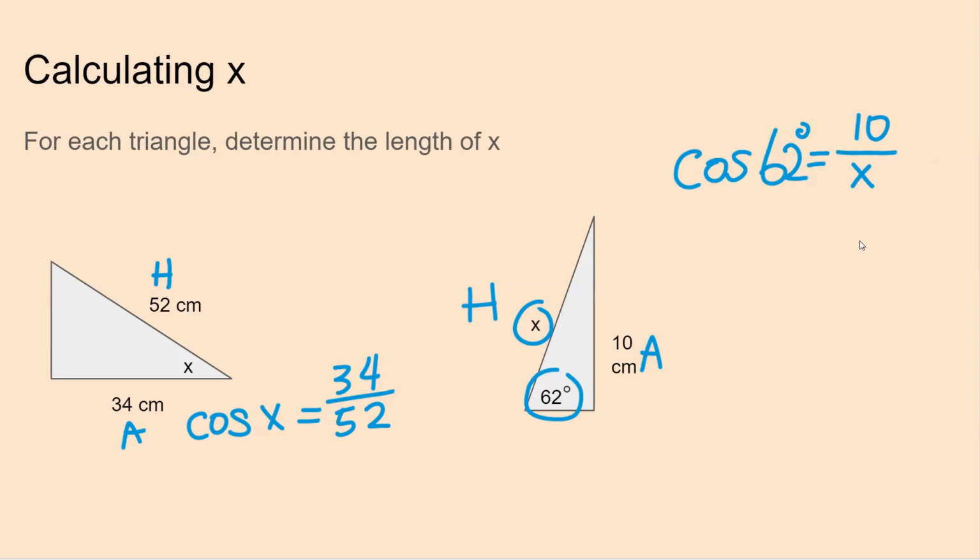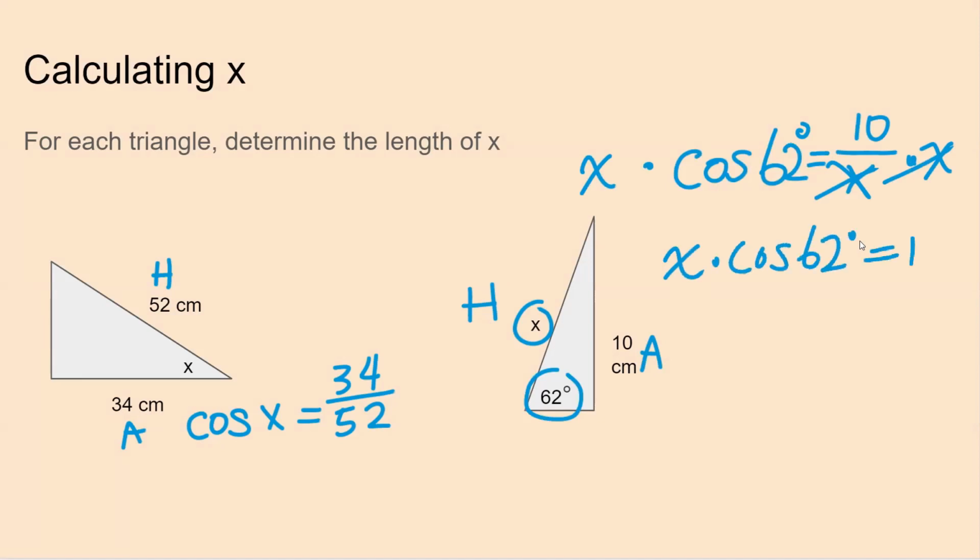What we want to do is multiply both sides by x to get it over here first. This symbol over here is just a multiplication sign, a dot. So now we have x times the cosine of 62 degrees is equal to 10.